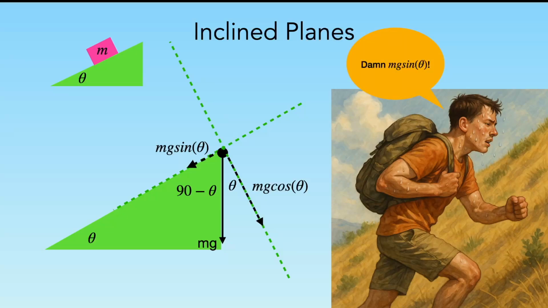Meaning, I hate having to fight this vector that's pointing down the hill. So if you remember, damn mg sine theta is the part of mg that's pushing down the hill. It makes it really easy. So you can always write mg sine theta. That's the thing that's going to make you accelerate, basically. The other one just pushes you into the hill.